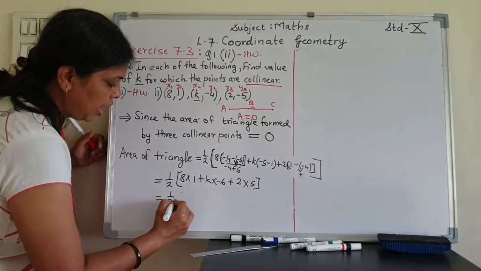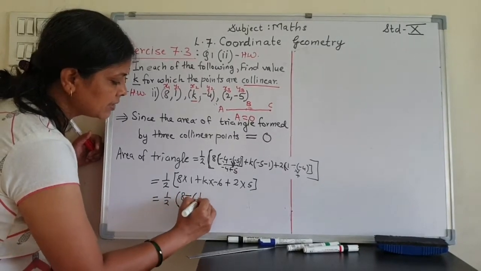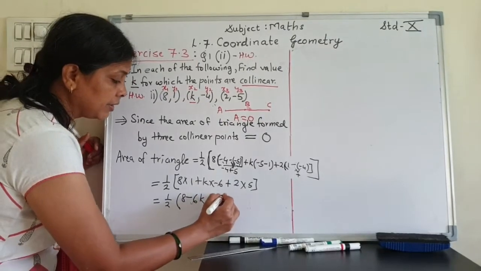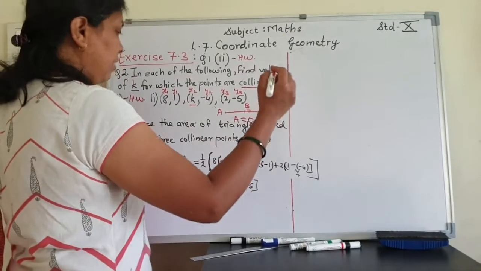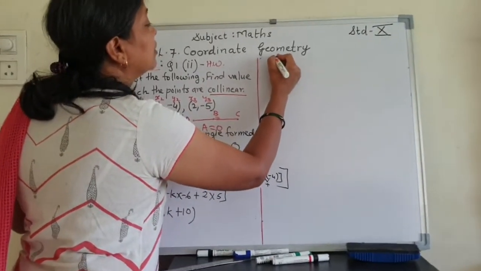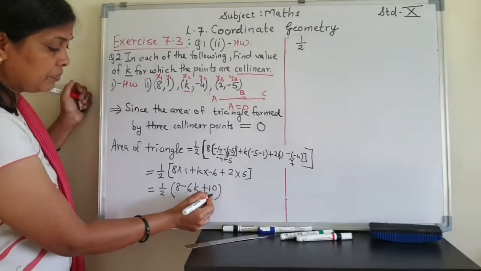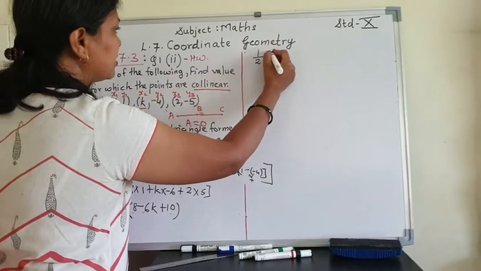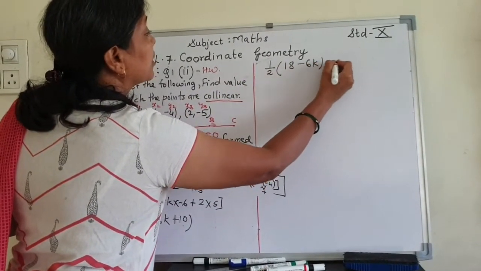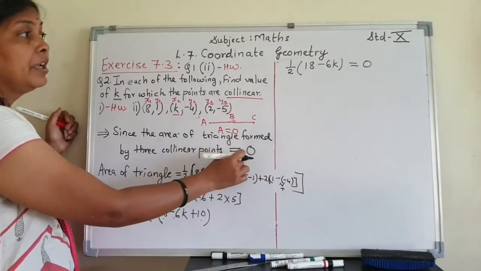So here half into 8 plus -6k, because k into -6, plus 10. Now as we know that this area is equal to 0, so we will write this as half into, now simplify this 8 plus 10, that gives us 18, minus 6k is equal to 0, because we have taken this as equal to 0.